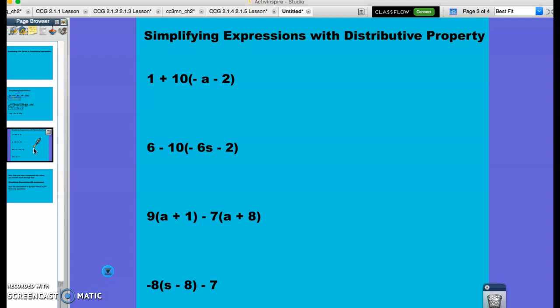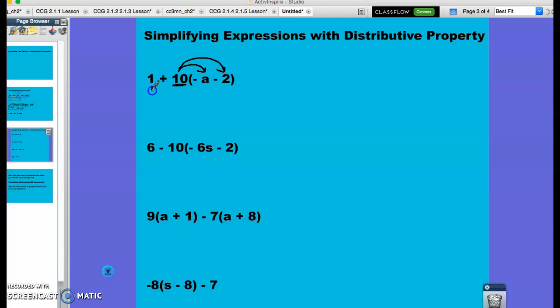Distributive means that I am going to distribute the number in front of the parentheses into my parentheses, and I want to draw those arrows, because it's a visual way to make sure that we are distributing to everything within the parentheses.